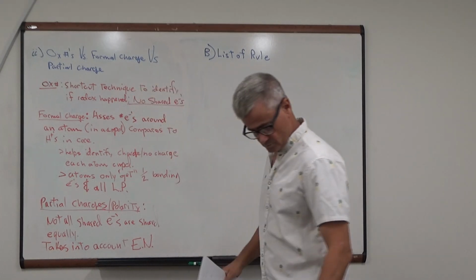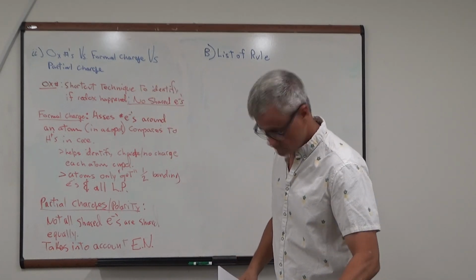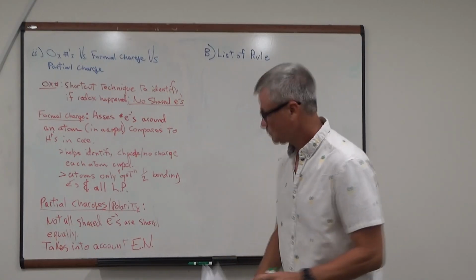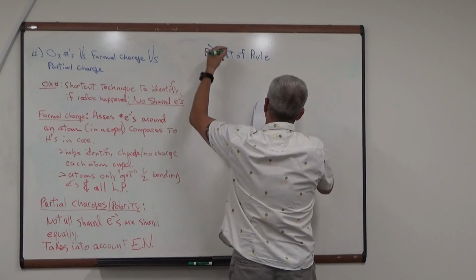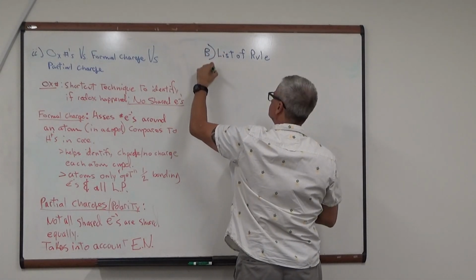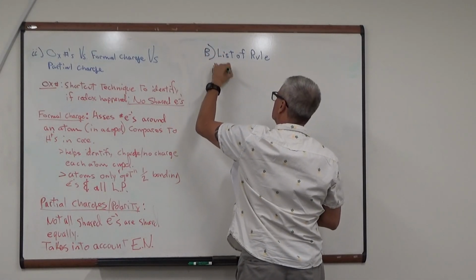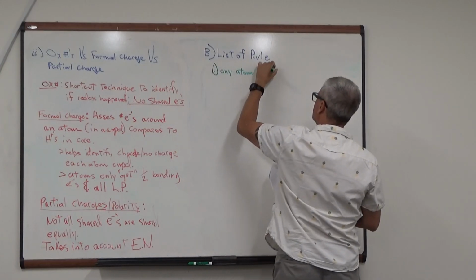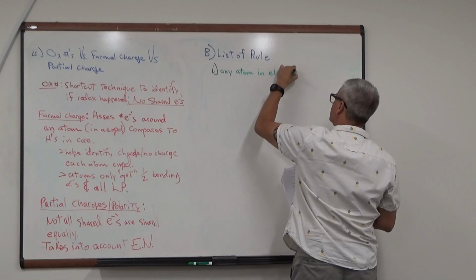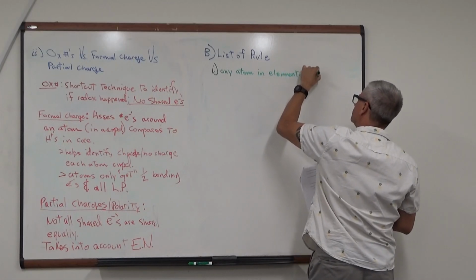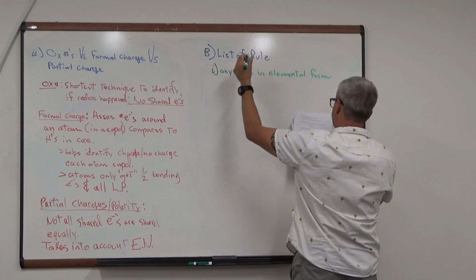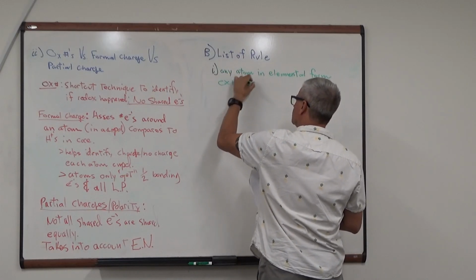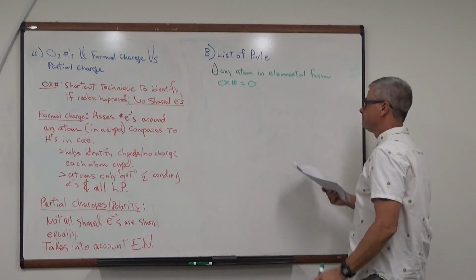All right, so the first rule, as I mentioned: any atom in elemental form, the oxidation number is 0.